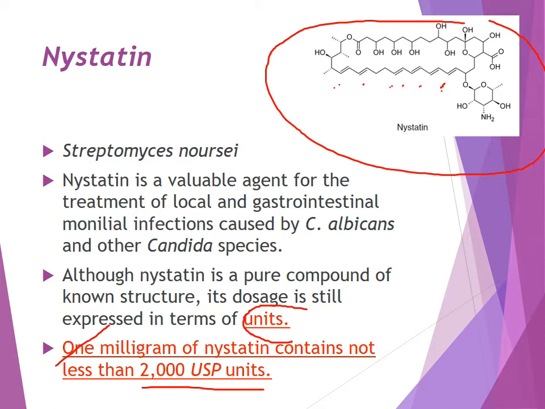Hence, kung mas marami yung double bonds sa ating amphotericin B than our nystatin, mas potent at more active and more toxic ang ating amphotericin B than our nystatin. So, ang basis is the number of double bonds present in the structure of our polyene antibiotics. So, pag mas marami yung kanyang double bond, mas active siya, pero mas toxic siya.